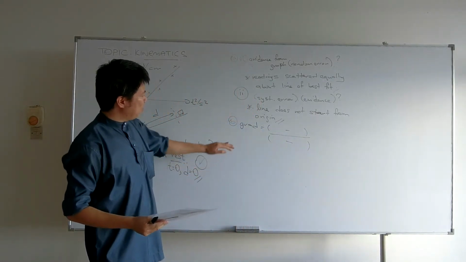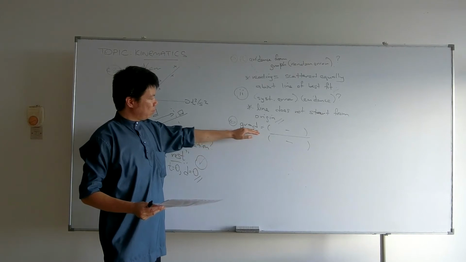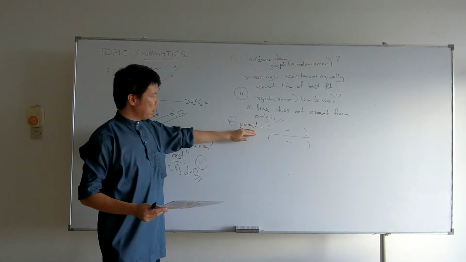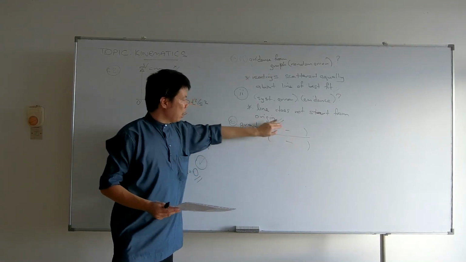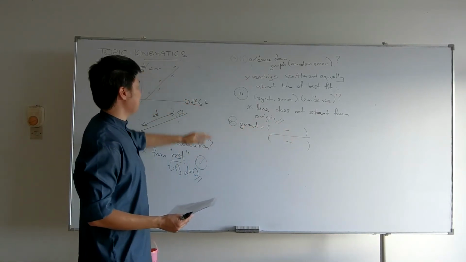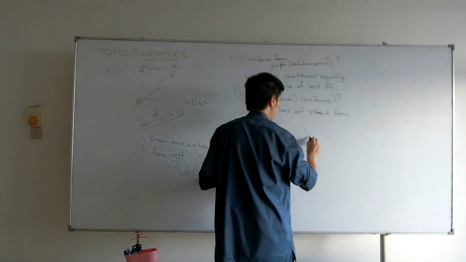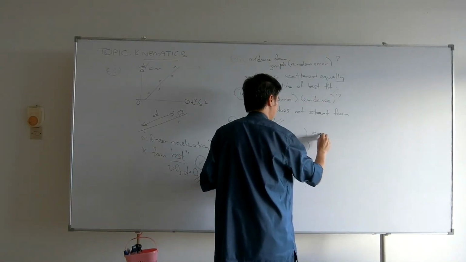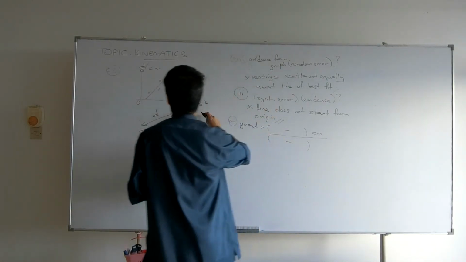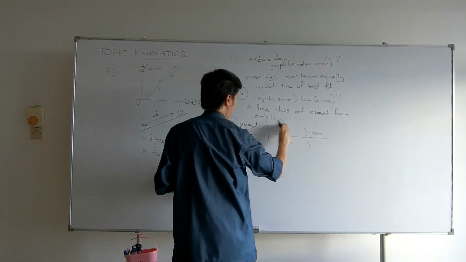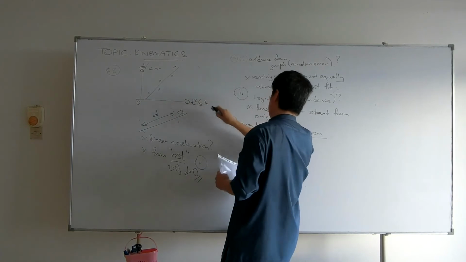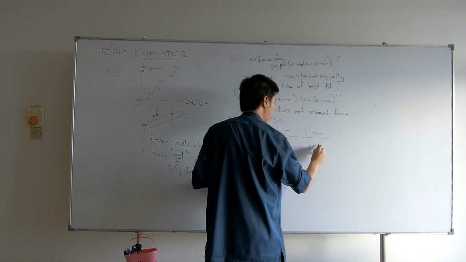Remember as well, I mentioned a lot of times to you guys, please, when it comes to gradient, don't just put numbers in. Now you're at A level, please put the units in so that it will make life easier when you need to find the units of the gradients. So you have cm, which is the y component, and second squared, which is your x component.